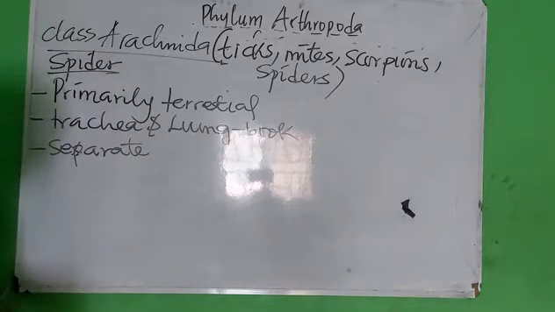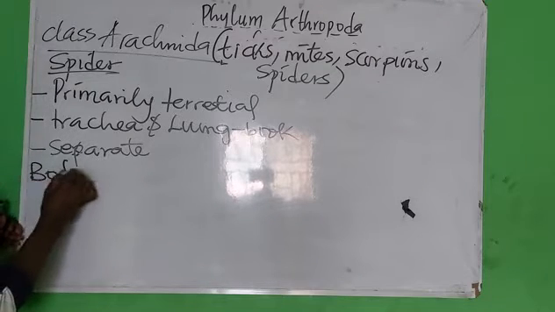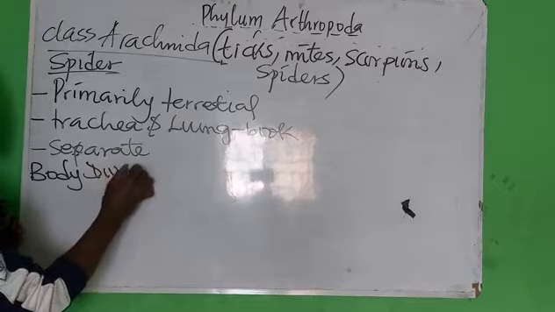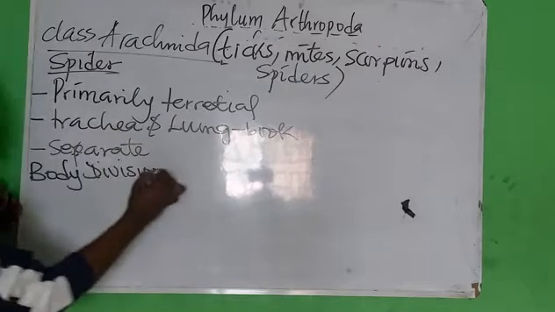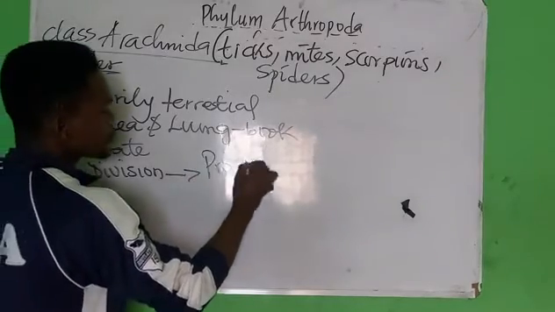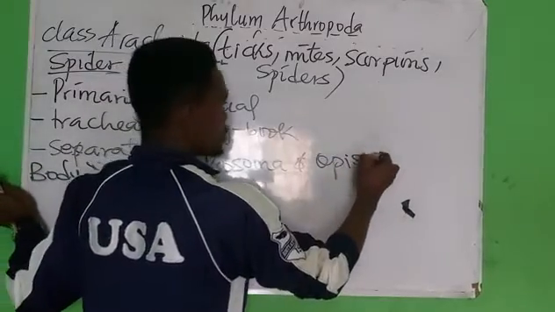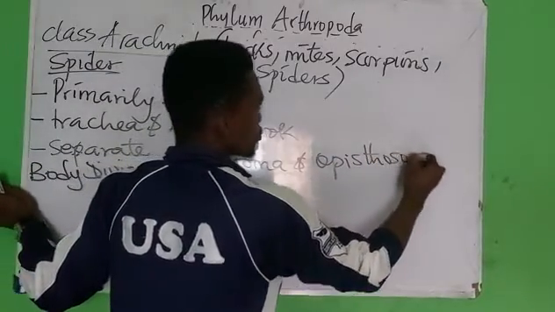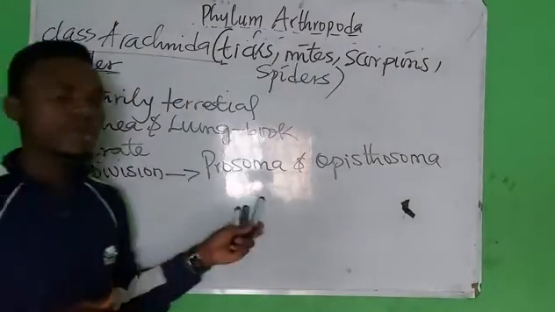Now, let us discuss the spider. First, we'll look at the body division of the spider. Spider is divided into prosoma and opisthosoma. So these are the two body divisions of the spider.